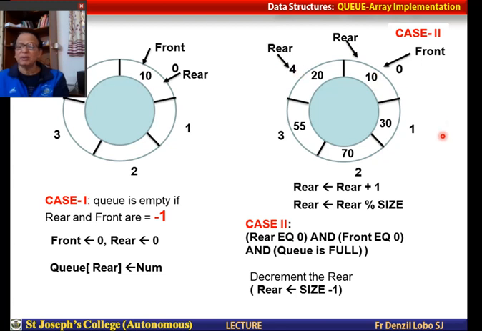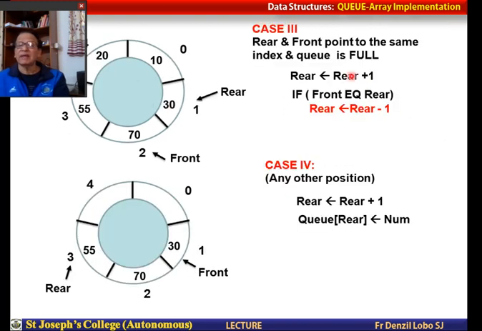Okay, now let us see. So it becomes there as you see here. So we will take case number 3. So rear and front point to the same index and Q is full. So now for example here, rear is equal to 1, front is equal to 2, it is full again. So what happens in this case?